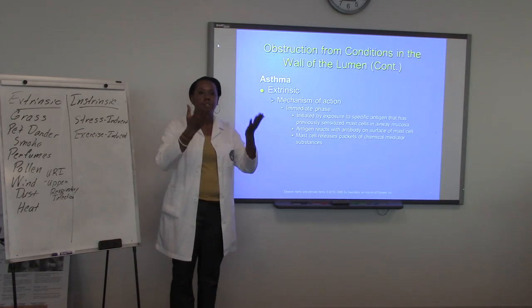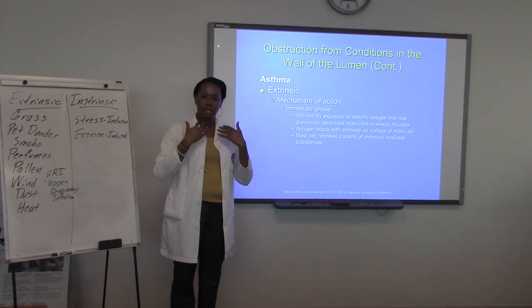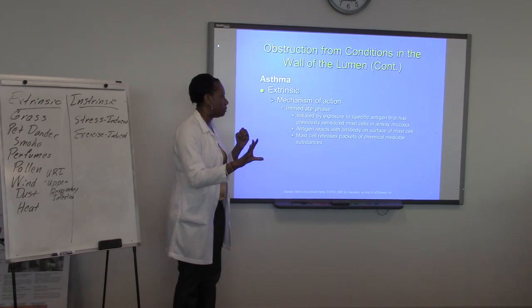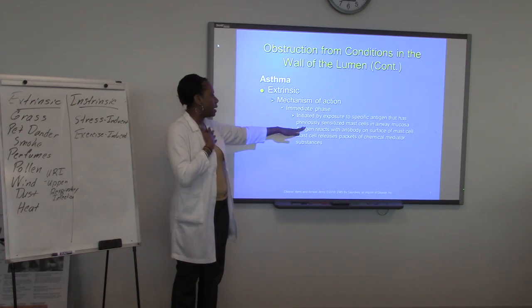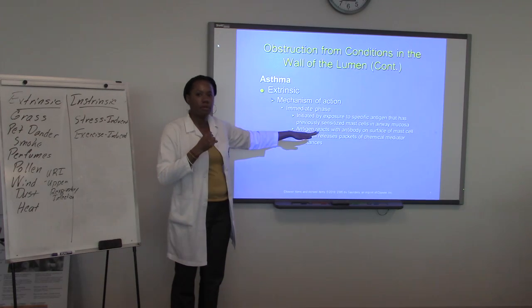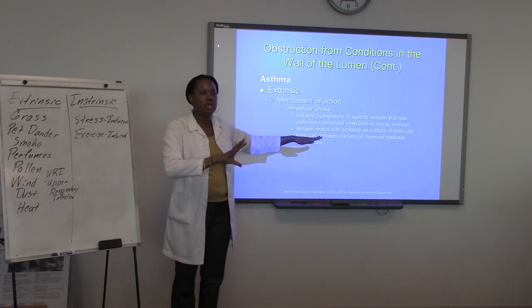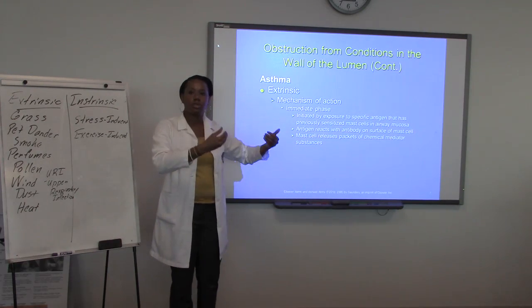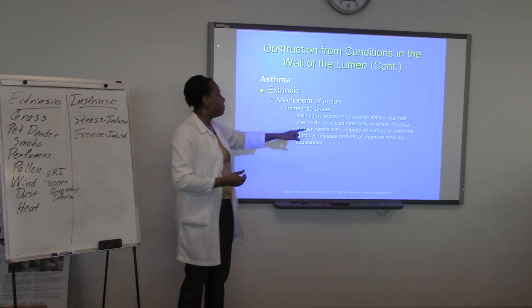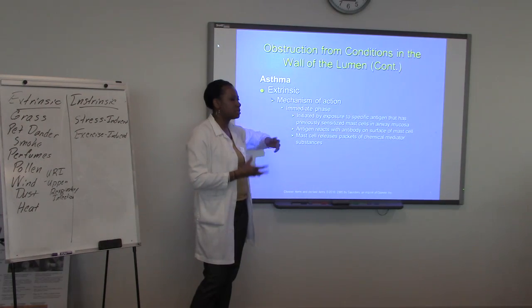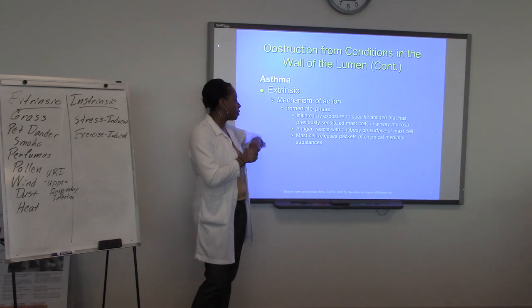So what's going to happen is this. Once the body comes into contact with that particular antigen that they're allergic to, the body will immediately recognize, hey, this is something we are allergic to, we don't want it. Which means that the immune system will now start to secrete mast cells. Previously synthesized mast cells in the airway will be secreted.